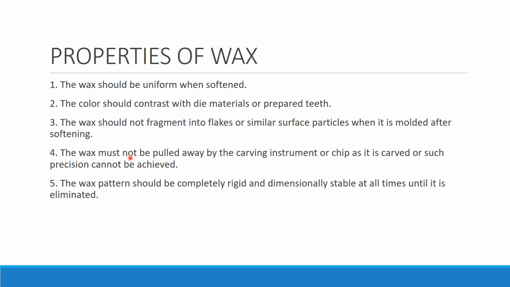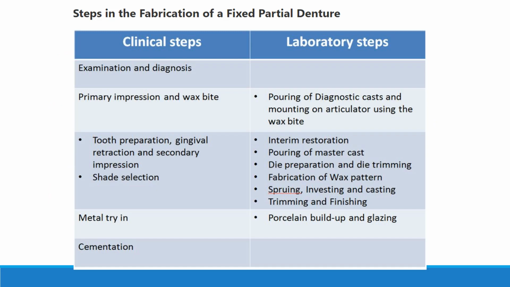The wax must not be pulled away by the carving instrument or chip as it is carved. The wax pattern should be completely rigid and dimensionally stable at all times until it is eliminated, guys. Okay, so these properties of wax are important.